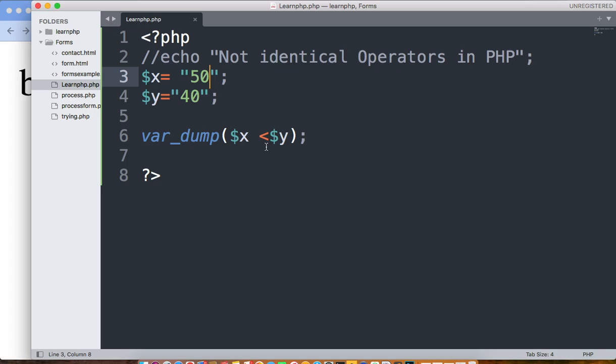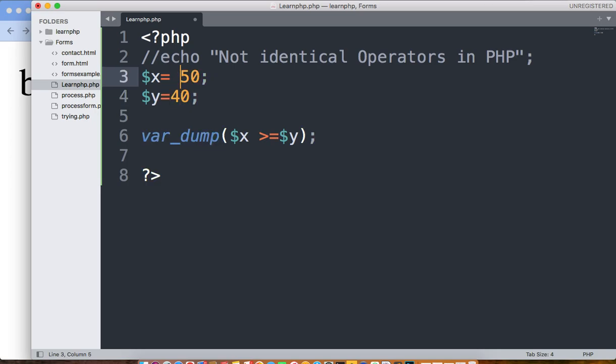The other one we're going to look at here is the greater than or equal to operator. So how do you represent it? You represent it this way, and then an equal sign. Let's remove this data type and put them out to be integers.